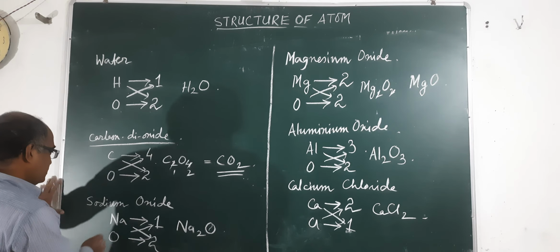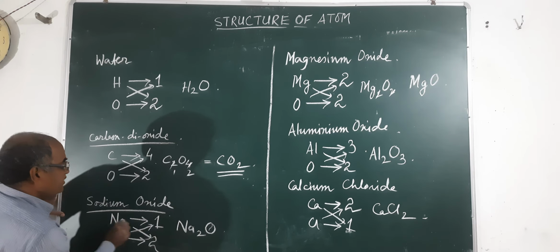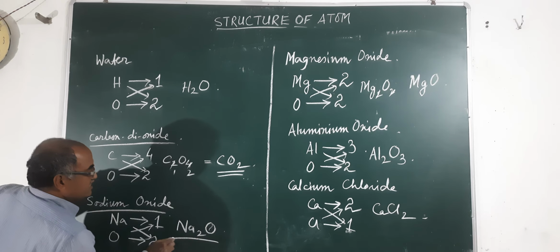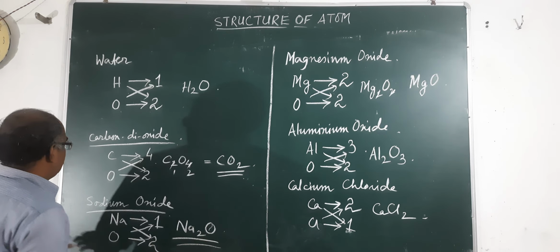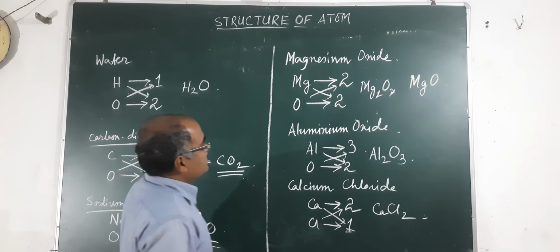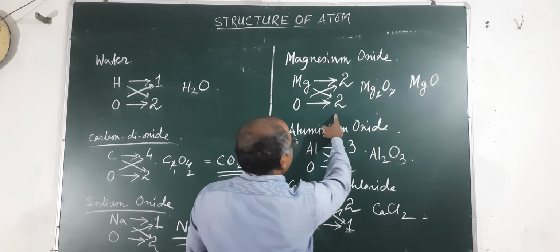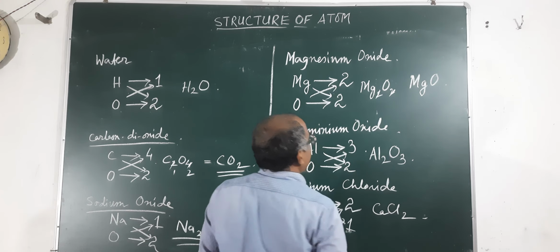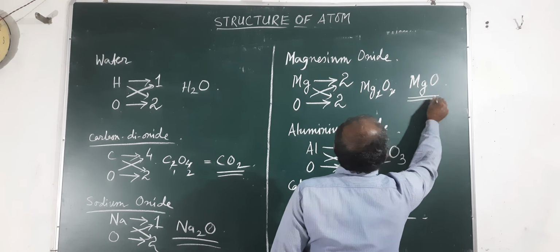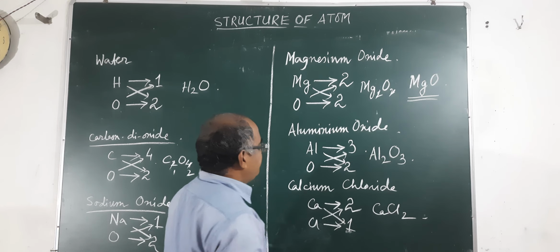Sodium oxide: Na valency 1, oxygen 2. So Na2O is the formula of sodium oxide. Magnesium oxide: magnesium 2, oxygen 2, these cancel, and ultimately MgO is magnesium oxide. With the help of valency, you can remember very easily.